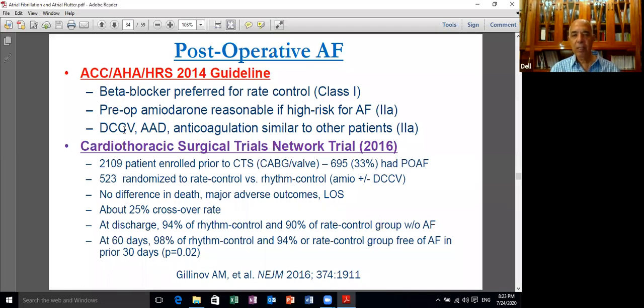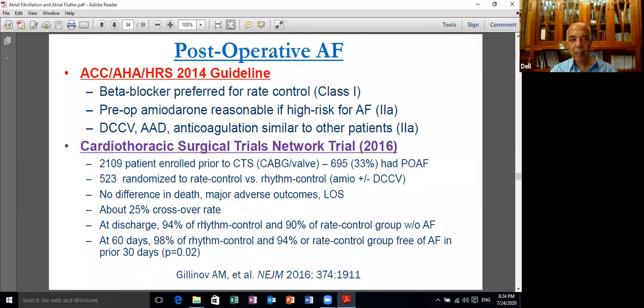The good news is that because of the trial published by the Cardiothoracic Surgical Trials Network in 2016, whether you adopt rate control or rhythm control, the outcome is that most of the patients will get rid of the atrial fibrillation by 60 days. By 60 days, 85% of the patients, by any means, get rid of the atrial fibrillation and can leave the hospital, even 30 days before the end of the study.